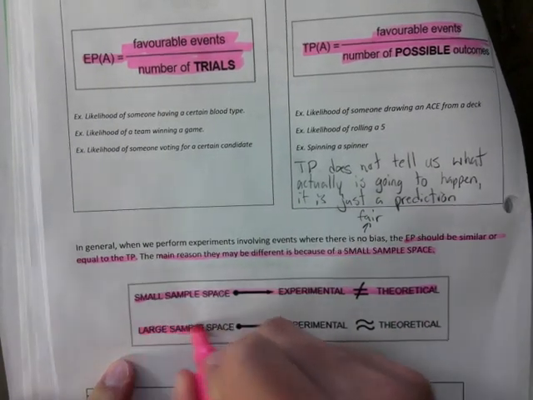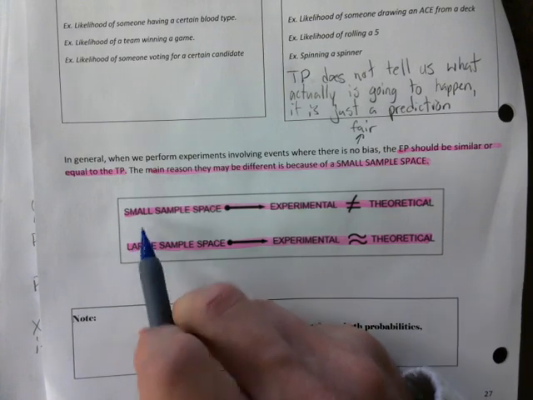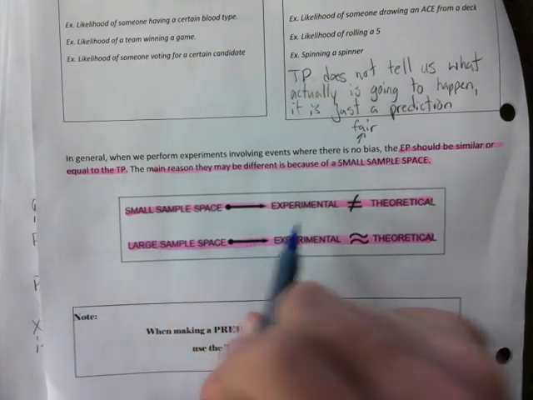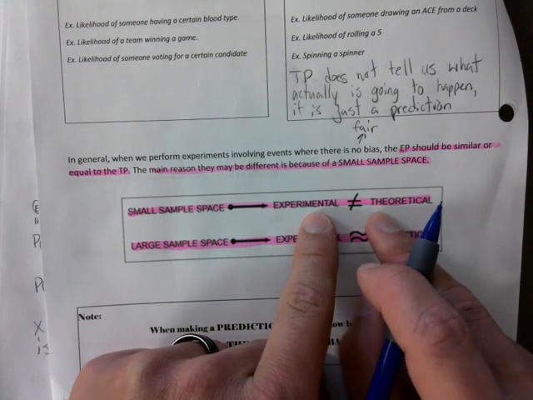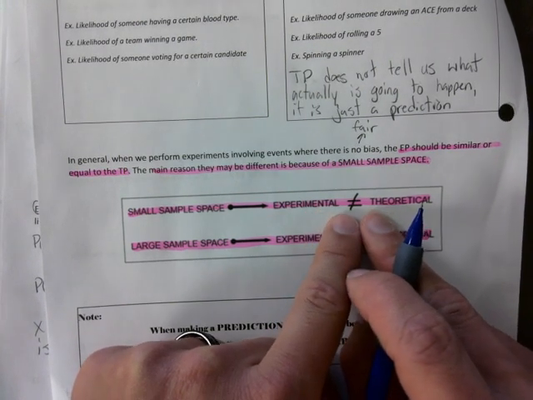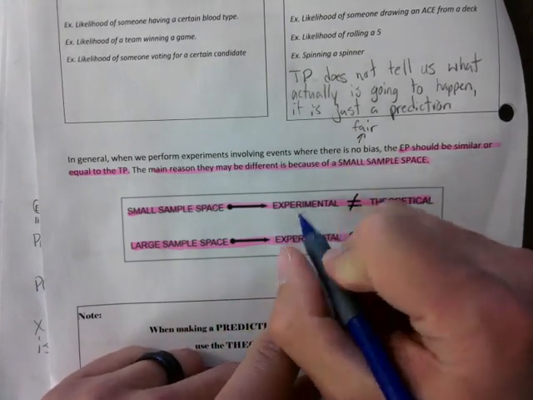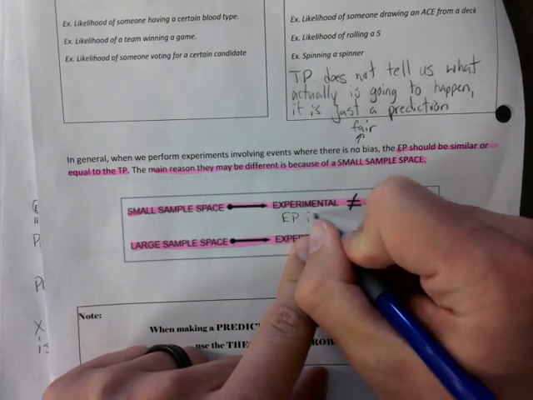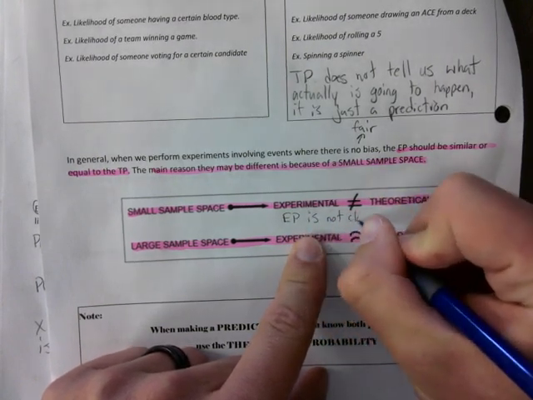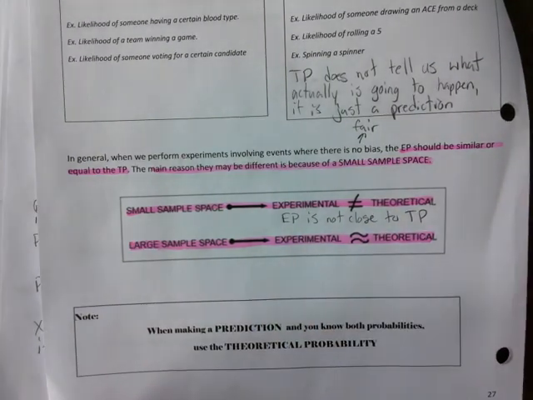So this little table here is saying that we have a small sample space. A small sample space leads to our experimental and our theoretical probability not being close. So small sample space, EP is not close to theoretical probability.